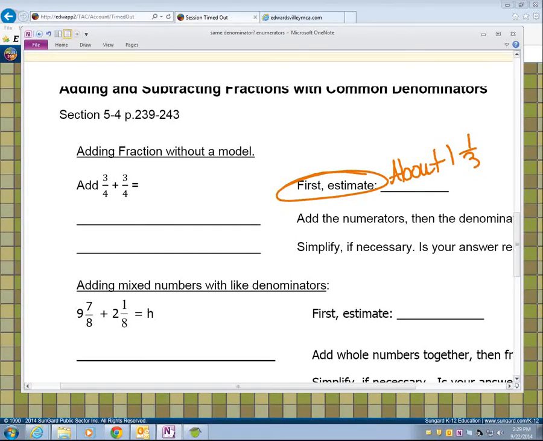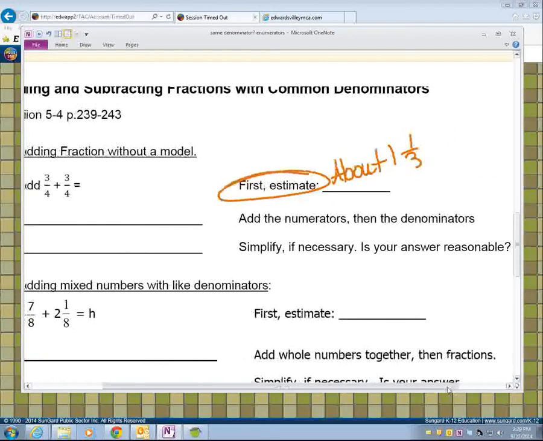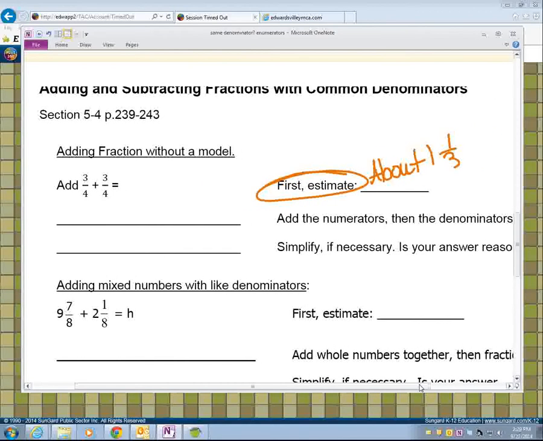Now, let's do this. It says here, first add the numerators. And I'm going to cross off this "then" here. I don't want to say then. I want you to say over. Over the denominators. Are we on the second page yet? Yeah. Be on the back. Okay, good. Over the denominators.